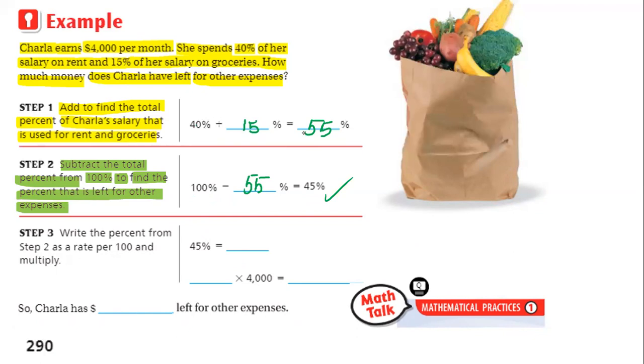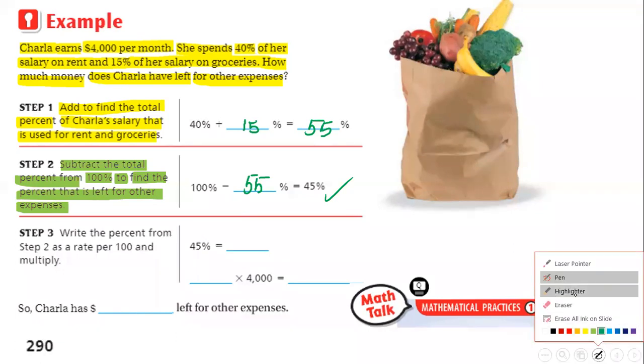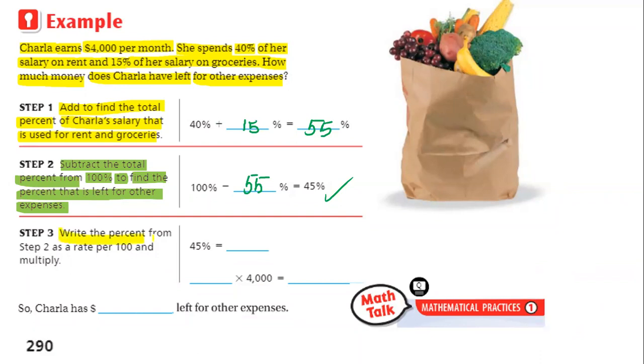Step 3, Ahmed Badr. What should I do, Ahmed Badr? In step 3, write the percent from step 2 as a rate per 100 and multiply.